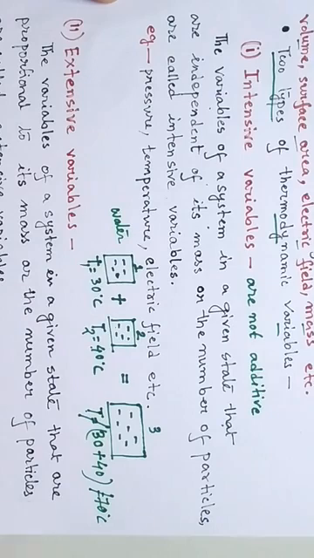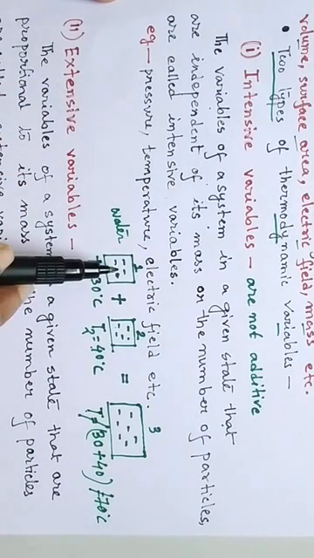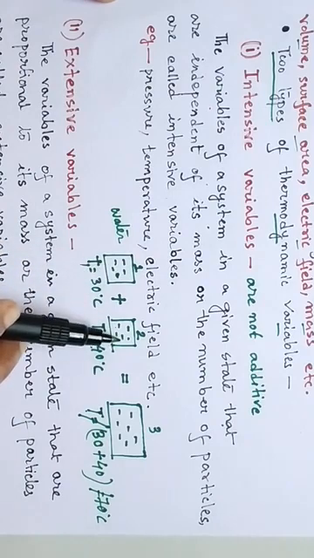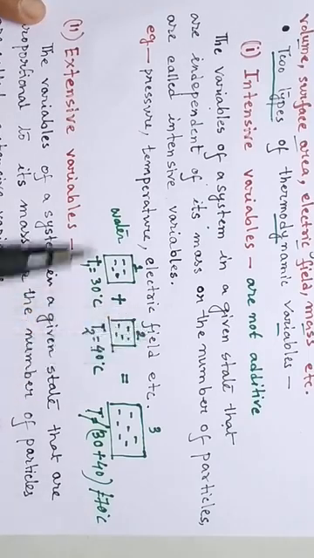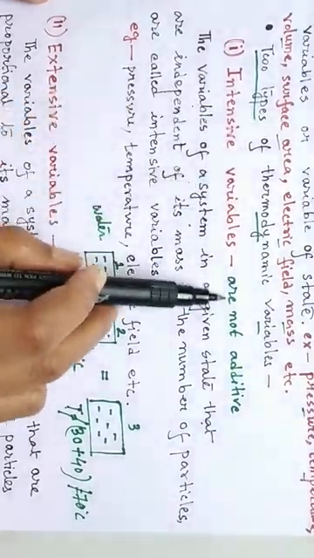Similarly, in case of pressure also, if you add two gaseous systems, then for the newly formed system, the pressure will not be the addition of the initial pressures of the individual systems. Same goes for electric field. So the intensive variables are not additive.